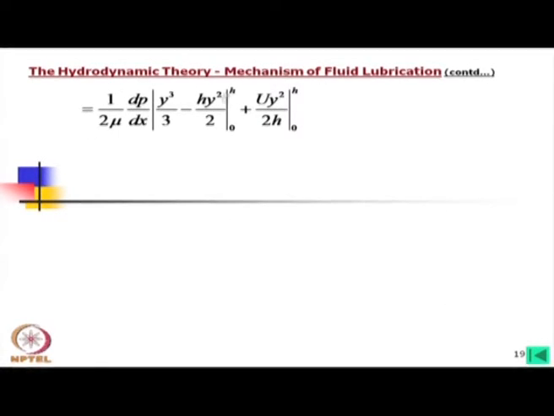Now we integrate and put in the limits, and we get this equation in this form: 1 by 2 mu dp by dx times (y cube by 3 minus h y square by 2), plus u y square by 2 h.